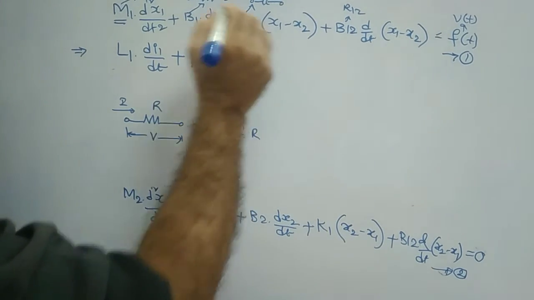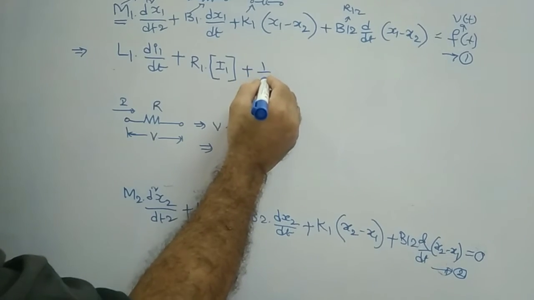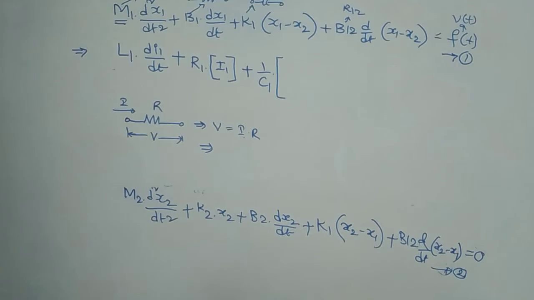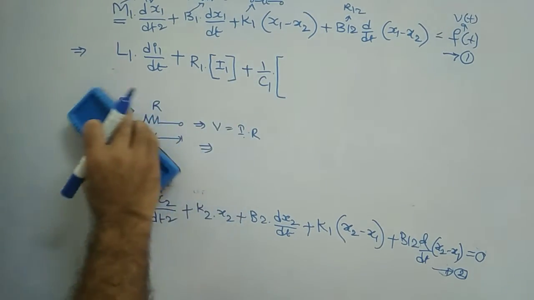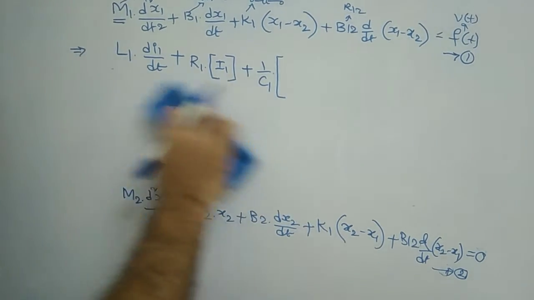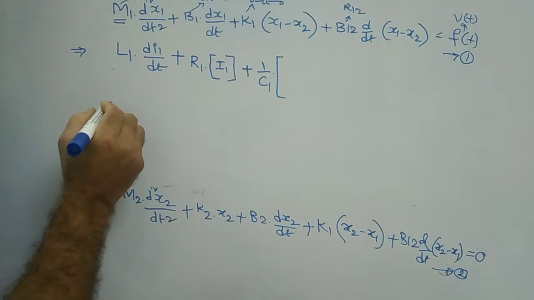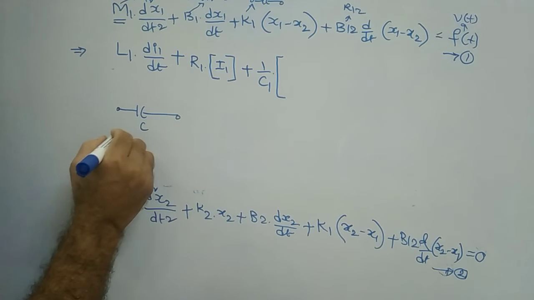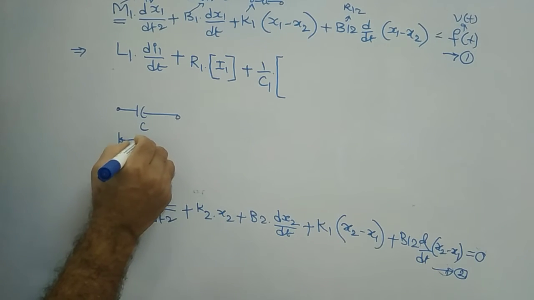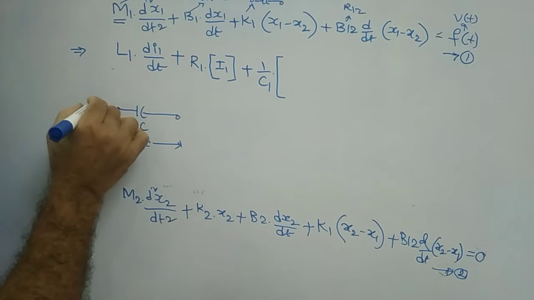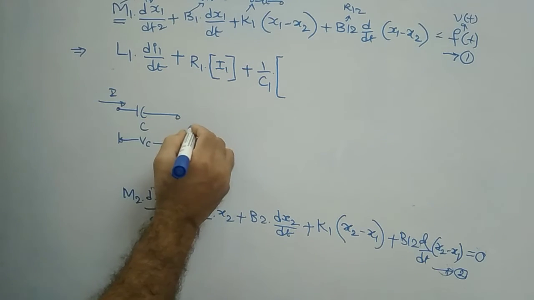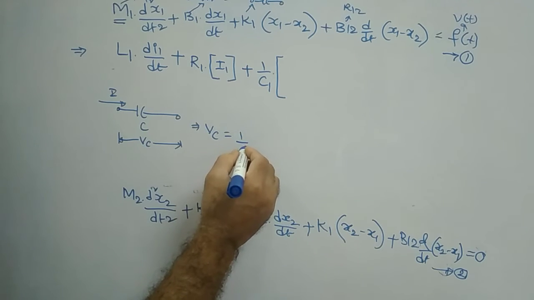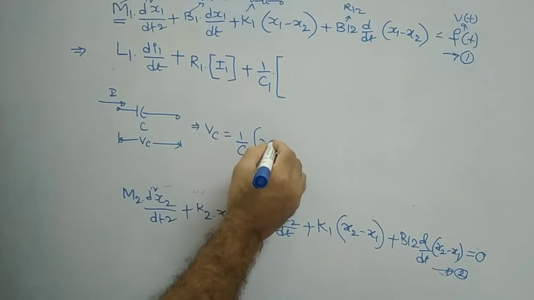Similarly, K1 becomes 1 by capacitance, 1 by C1. Then tell me, what will happen here? What is the current through the capacitor? If you see the capacitance, this is capacitance C. Let us say the voltage across the capacitance is V suffix C and assume that the current flowing through this is I. Then what is VC actually? VC is equal to 1 by C integral of I dt, no?